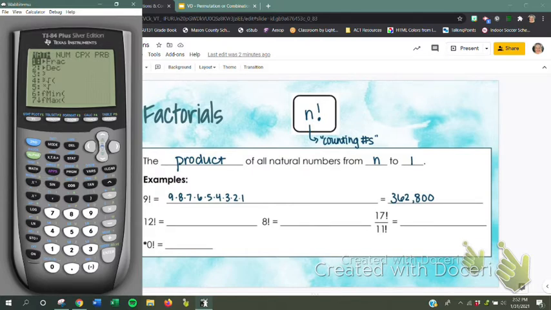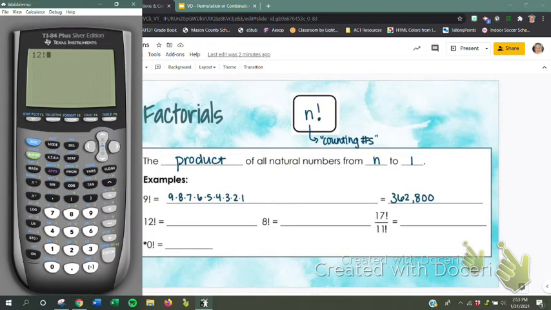If you hit the left arrow key, it will take you over to probability, which is what PRB stands for. And then if you look, number 4 has an exclamation point. So instead of scrolling down and hitting enter, we can just type the number 4 and it saves you some time and some keystrokes.